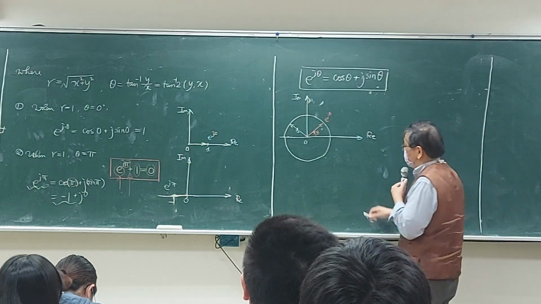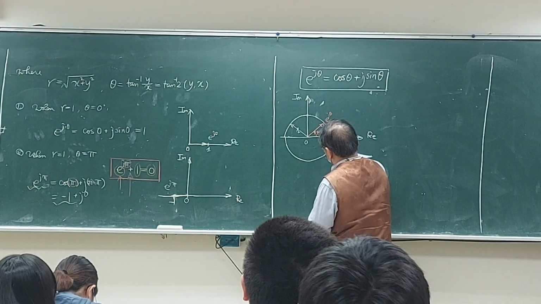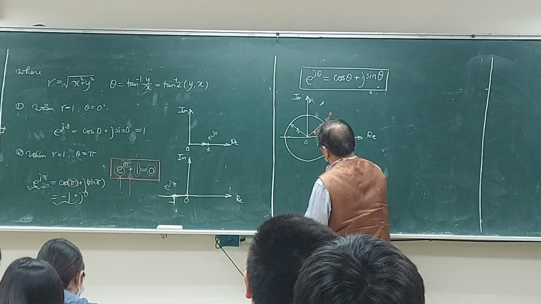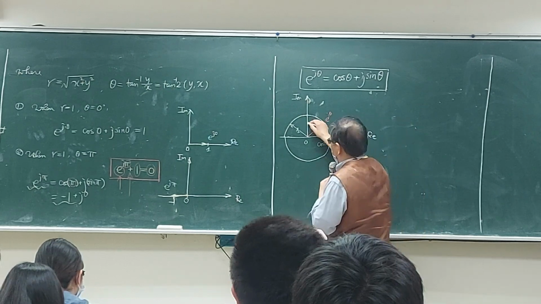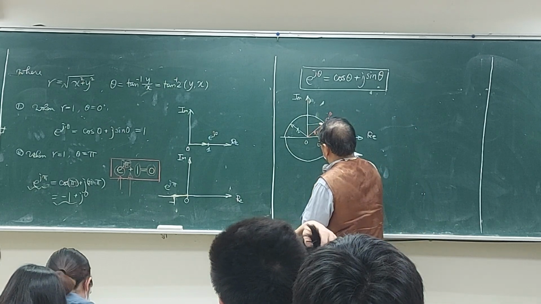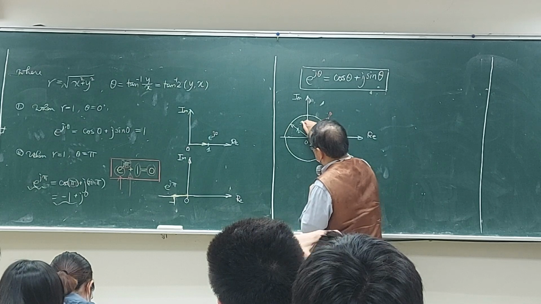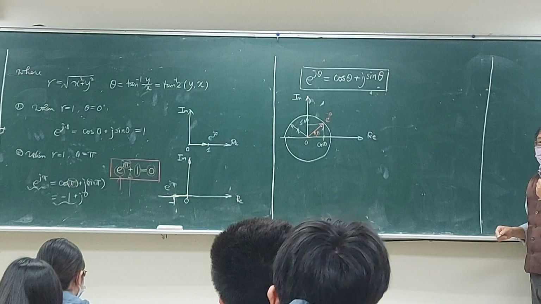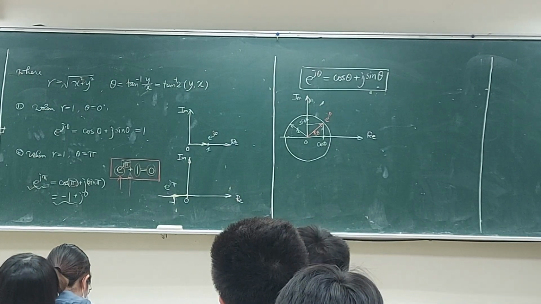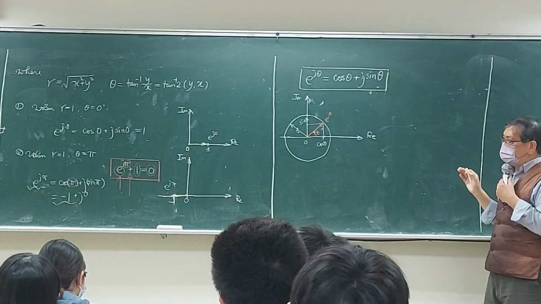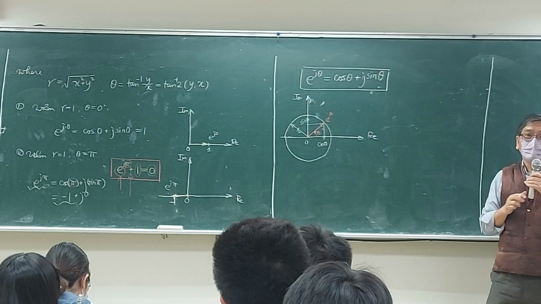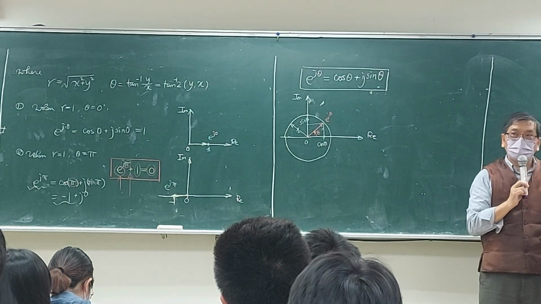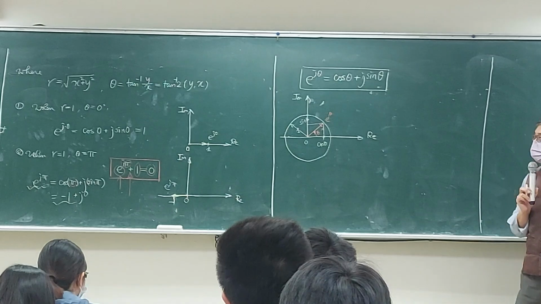So you can see that the projection onto the real axis is given by cosine of theta. The imaginary part is simply sine of theta, right? Again, this can be proved, but due to the time limitation, I did not prove it for you. You can find a proof in many fundamental calculus books.